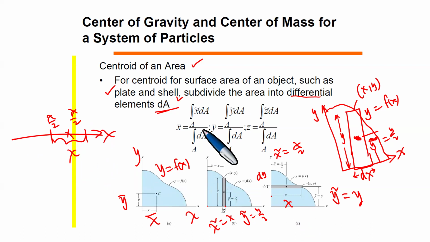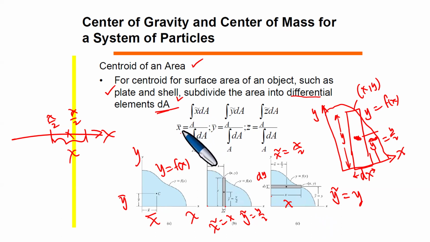But now let's take a look at these formulas here. If you're taking the differential elements, because you're taking these elements here, you're able to determine the area. Which means now you're going to say, here it's the x tilde, y tilde.